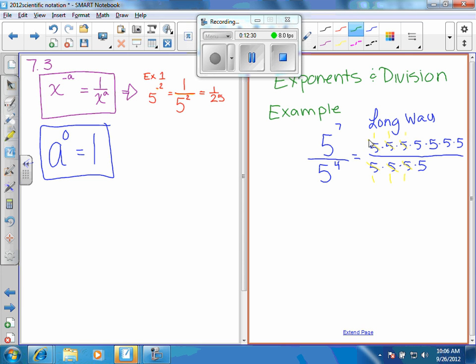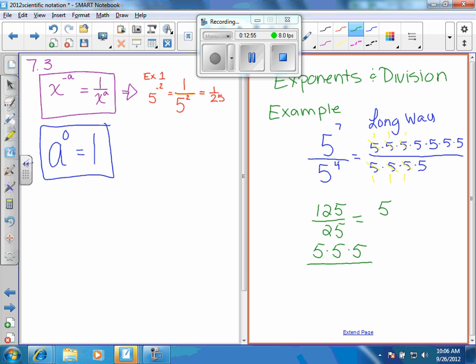So watch this. Let me ask you a simpler question. If I had 125 divided by 25, Noah, what's the answer to that? It's 5, right? That's correct. So I want you to start thinking of 125 as the product of 5, that's 5 times 5 times 5.